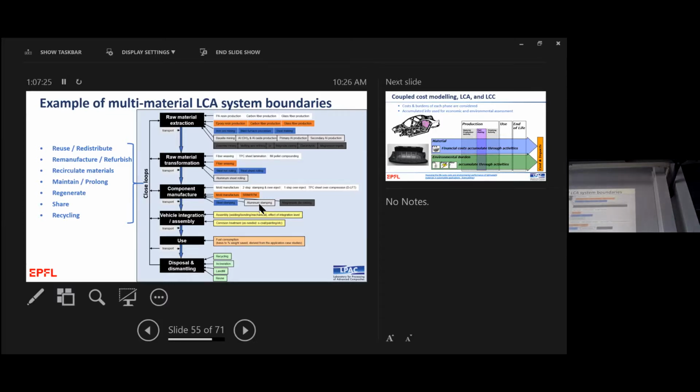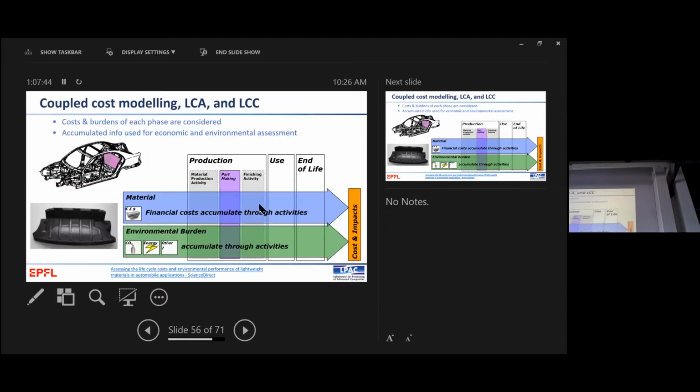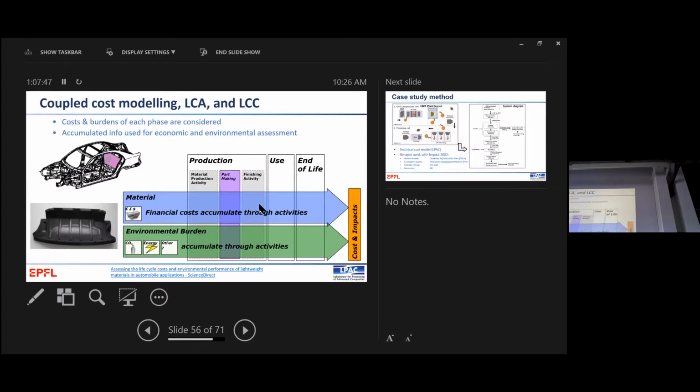And the case study we're showing you really follows a linear economic model. It hasn't included these aspects of the circular economy, which we need to focus on more in the future. Okay, so it's not enough to lightweight a car following the linear economic model. We need to lightweight it following a circular economic model in the future. So that's what we start to do.